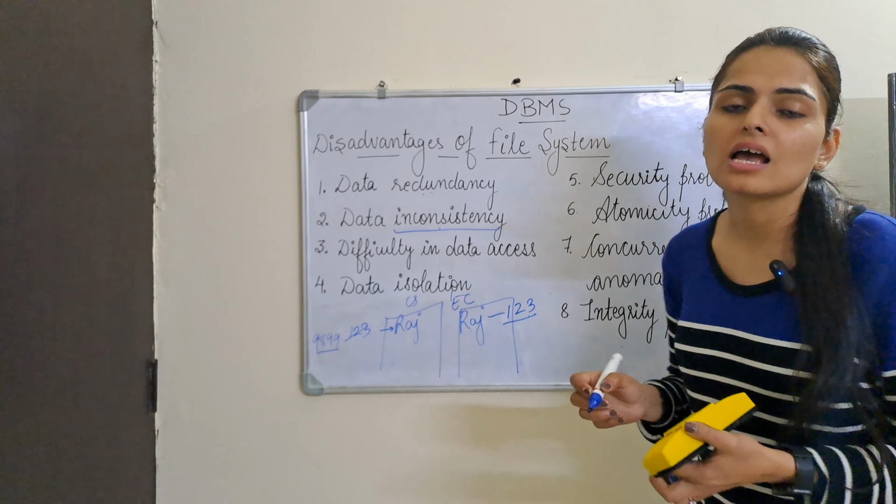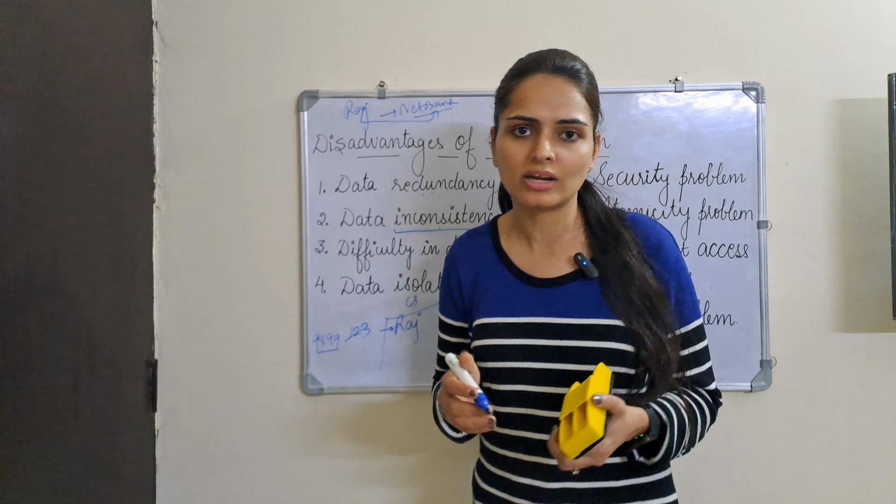Say again, Raj is accessing his net banking today, so no other person can access his net banking at the same time. So this is how isolation of data is provided, which we can apply very easily with databases. But if we were following the traditional file system, it was very difficult.